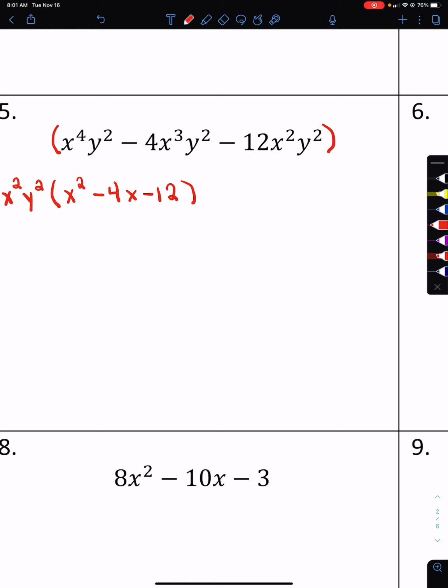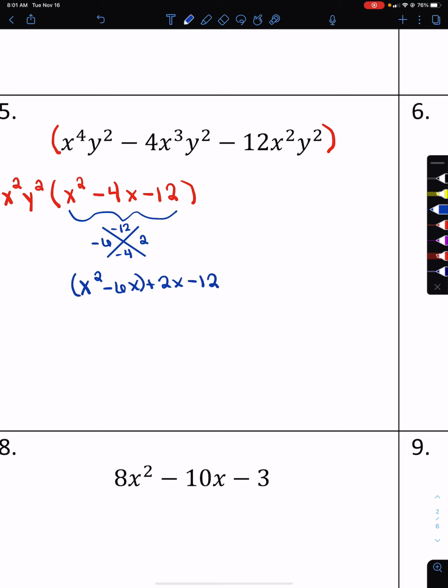Okay. Looking at this trinomial here, a is 1, so I'm going to go ahead and use that diamond method. What multiplies to negative 12 and adds to negative 4? Well, that would be 6 and 2, and it would have to be a negative 6. So we would have x squared minus 6x plus 2x minus 12.